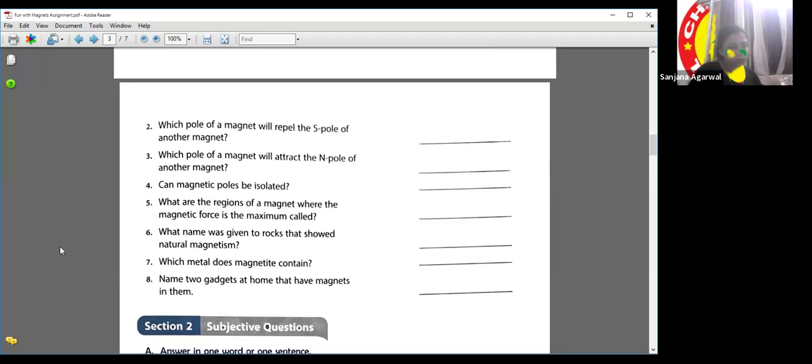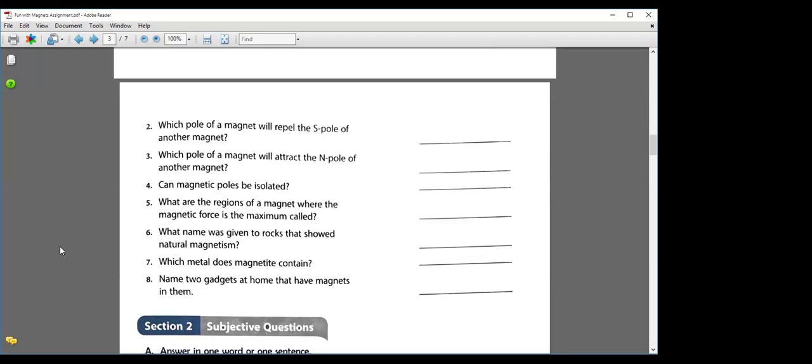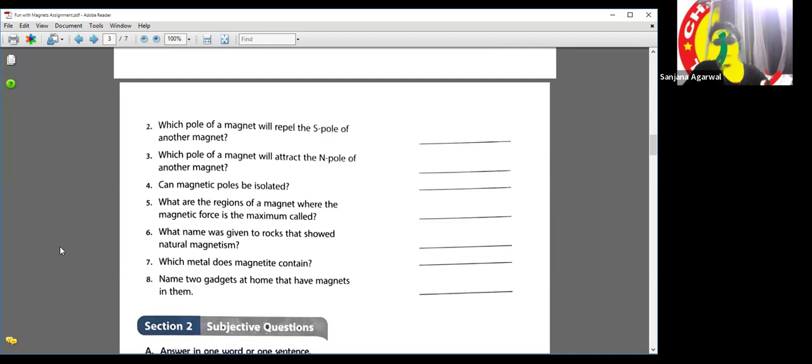The answer is no, because isolation means a single pole is present, and this is not possible because magnetic field lines form closed curves. So they need one entrance and one exit. So it is not at all possible to isolate. It means a monopole never exists in a magnet.